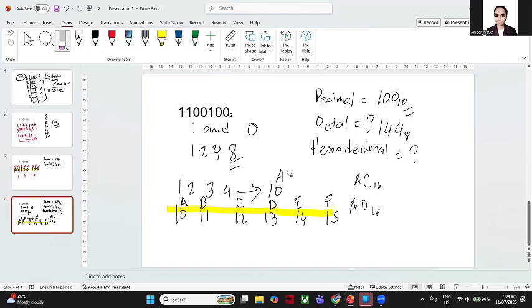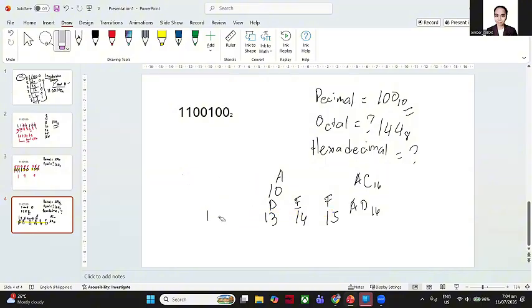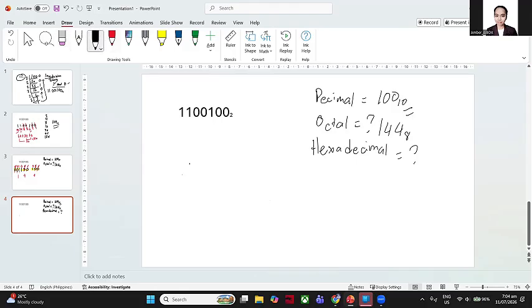So now, going back to how we were going to solve binary to hexadecimal. We were going to group our binary into another group.